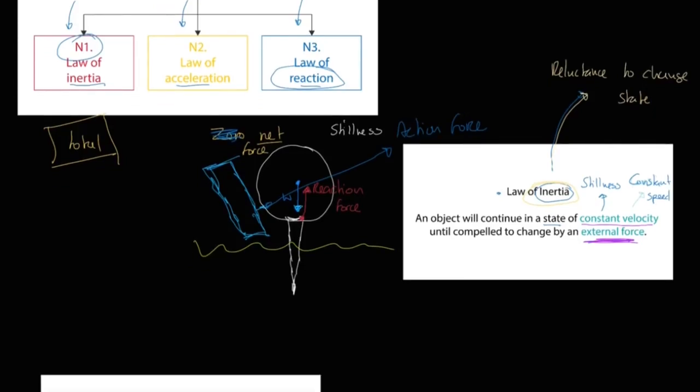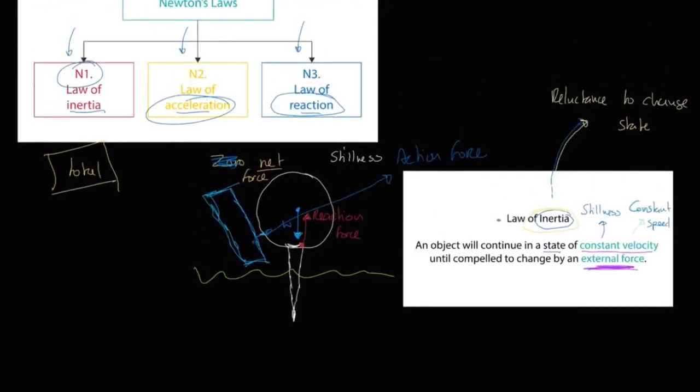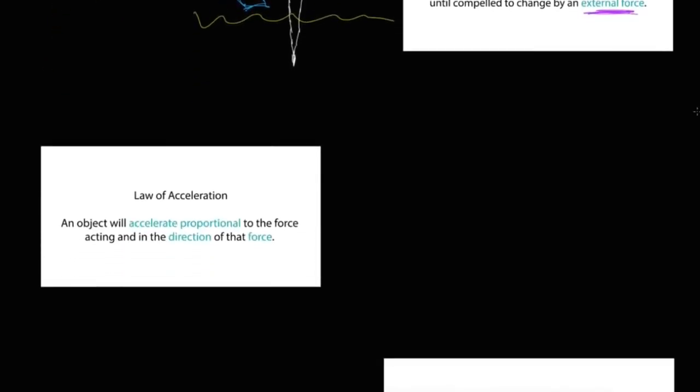So let's have a look at the second law. We have the law of acceleration. Remember, we have that here, the law of acceleration. What does it tell us? An object will accelerate proportional to the force acting and in the direction of that force. So we have two parts. We have part 1, which is here. An object will accelerate proportional to the force acting. And part 2 is it will accelerate in the direction of that force.